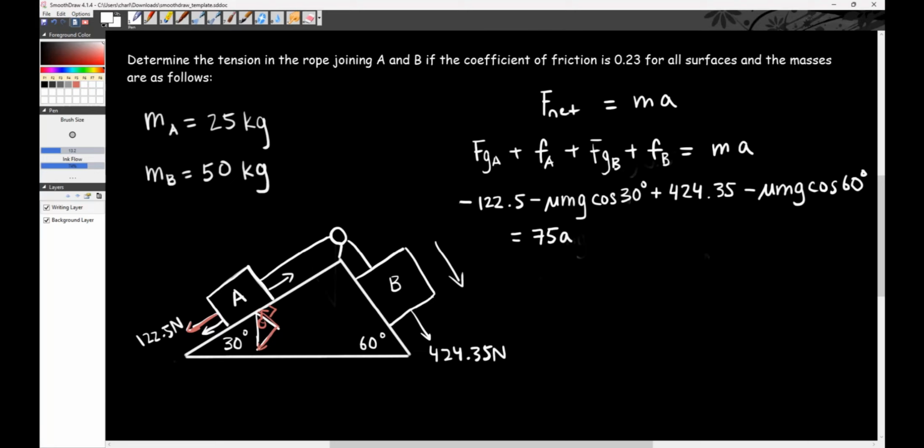So now let's just plug in the actual values of forces of friction. Mu is 0.23, it gives it to you in the question. This is the force of friction of block A, so we're going to use the mass of block A, which is 25. G is 9.8.